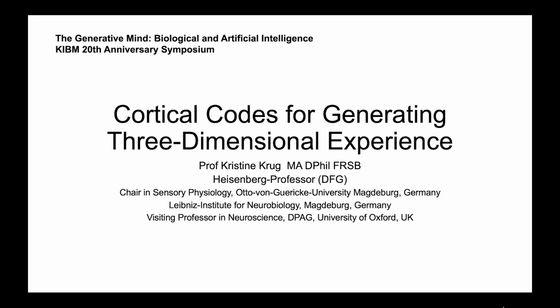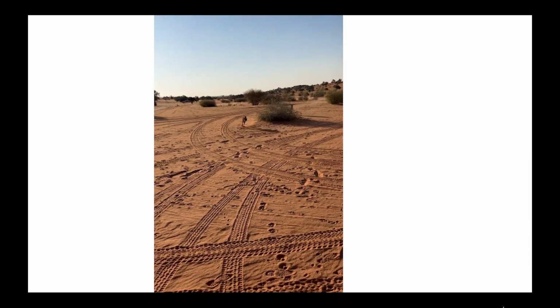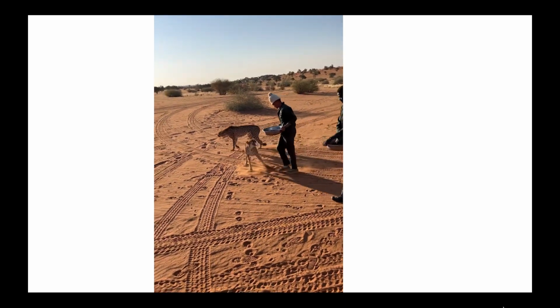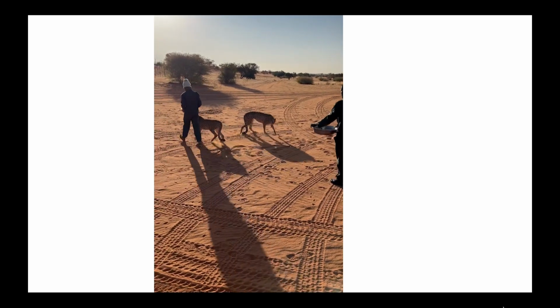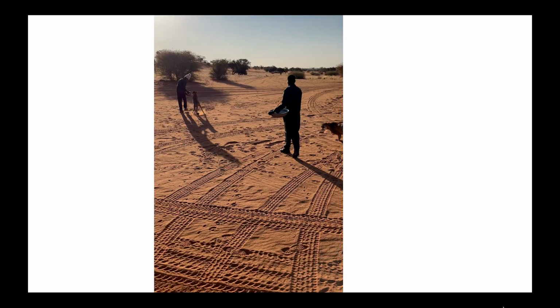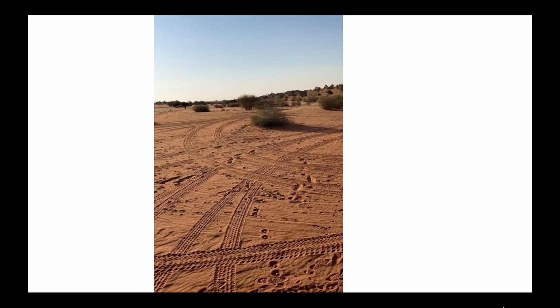So what I want to talk about is how we generate our rich visual three-dimensional experience, particularly the dynamic one. If you look at this video here, you can appreciate how much is going on there. You might, as an observer, think, are you at the right distance away?